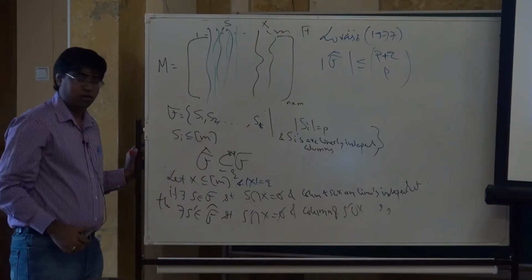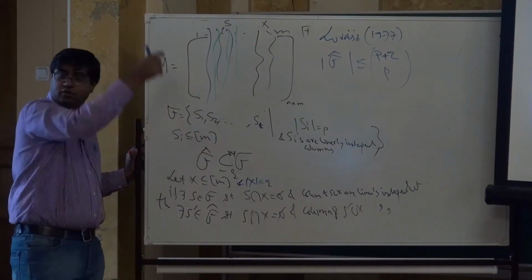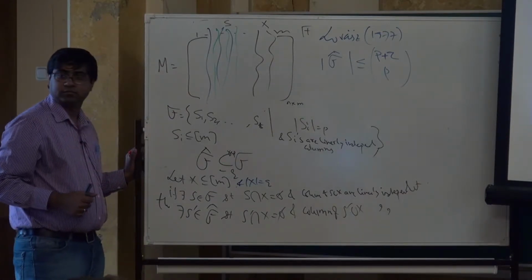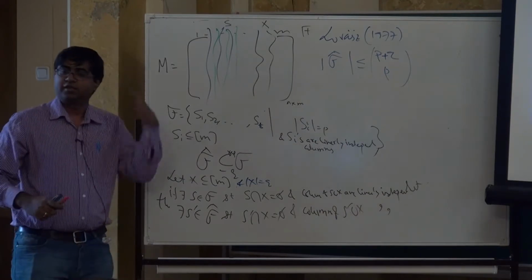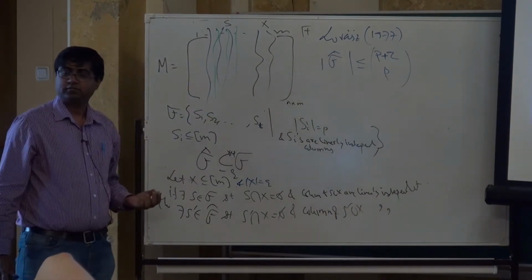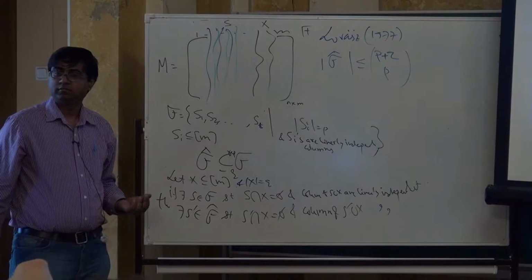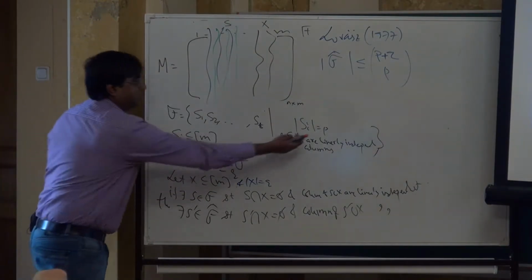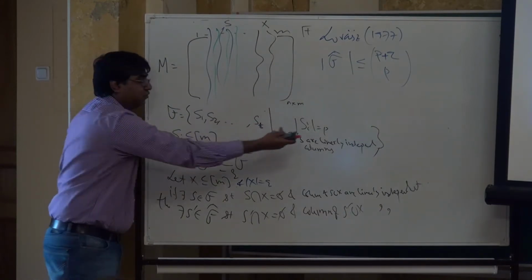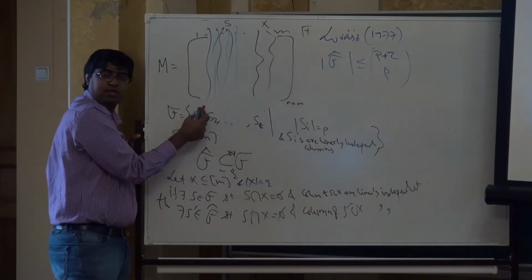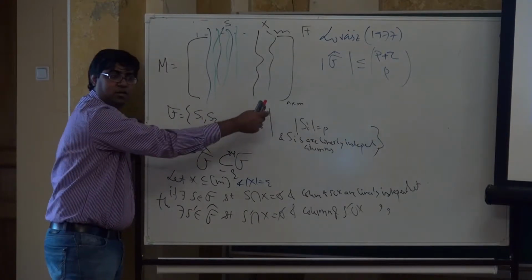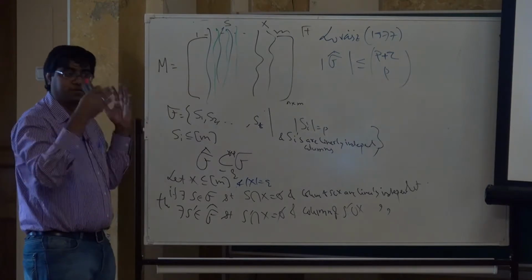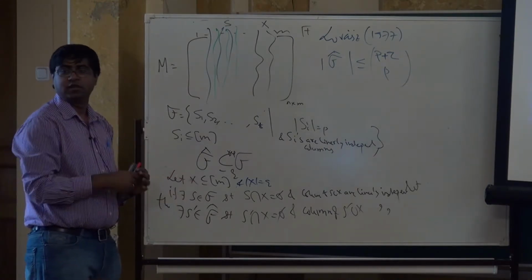Each S_i is a subset of columns, a subspace in other words, of size P. M could be much larger. So think of these as subspaces of dimension P, X is a subspace of dimension Q, and their union has dimension P plus Q. This is all that it is.